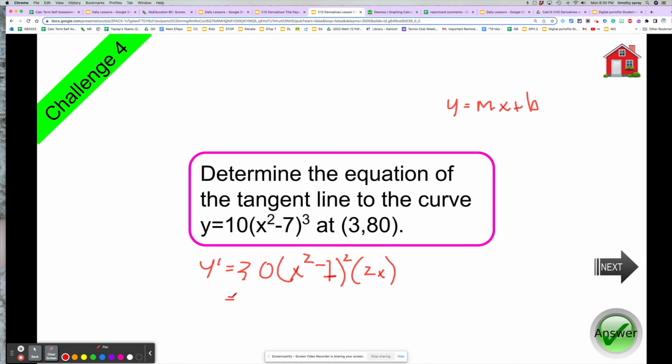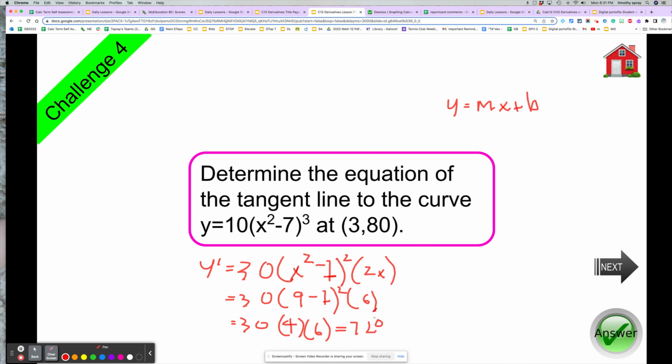So of course, if we put in our 3 there, that's going to be 3 squared is 9 minus 7, squared, multiplied by 6. And so we're going to have 30, and 9 minus 7 is 2. 2 squared is 4. And then we're multiplied by 6. We're getting close. 30 times 4 is 120, times 6 is 720.